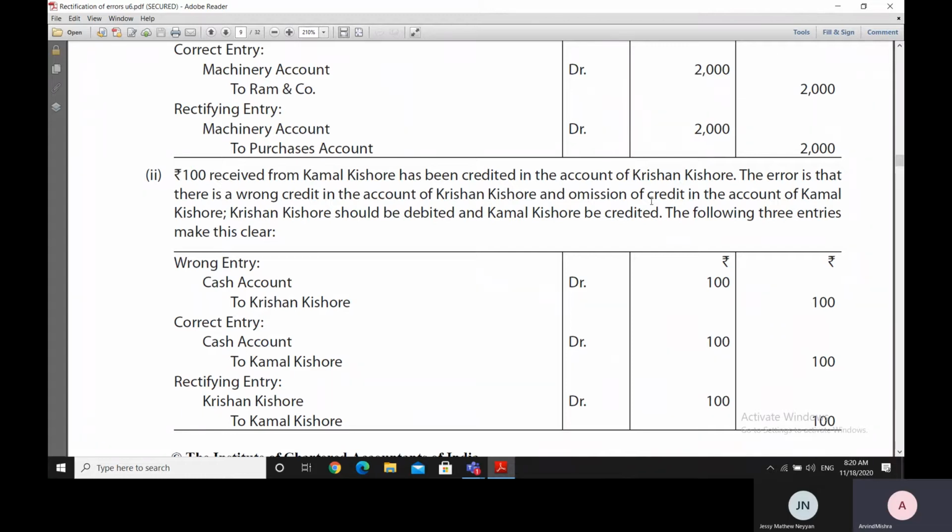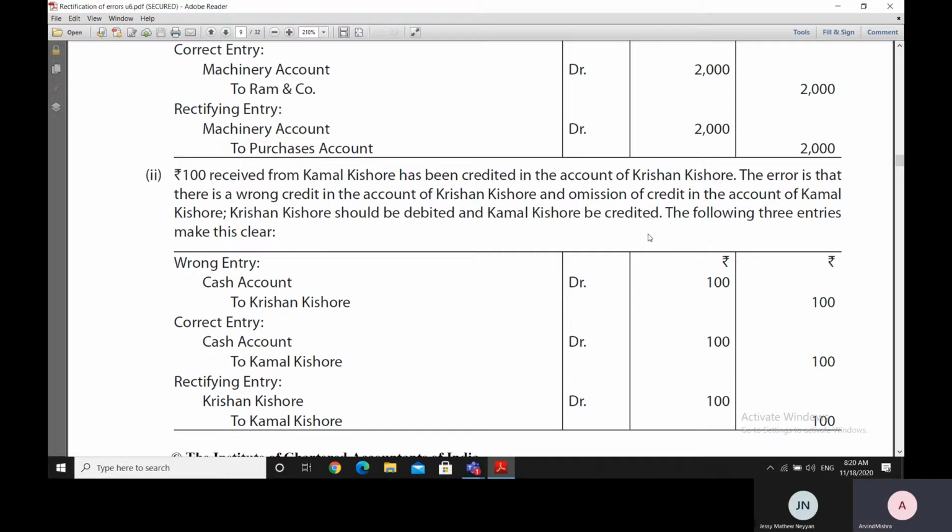I mean, we should have made this credit in the Kamal Kishore account, but we have not made it. So now, since we have done a credit in the Krishan Kishore account, we need to do a debit in the Krishan Kishore account. So we debit the Krishan Kishore account and we credit the Kamal Kishore account to make the correcting entry.